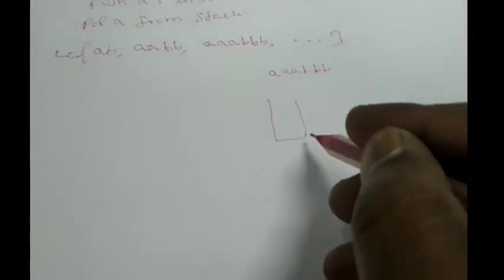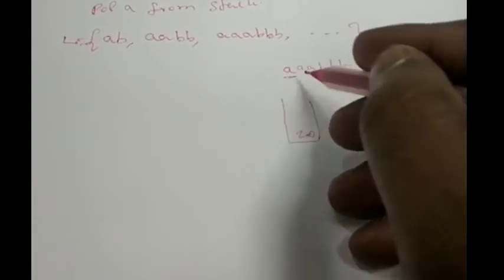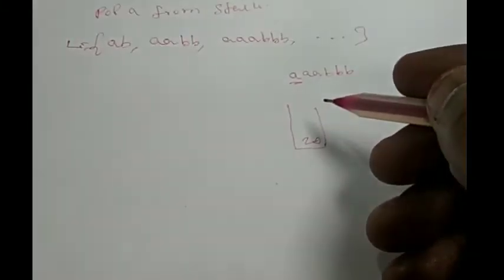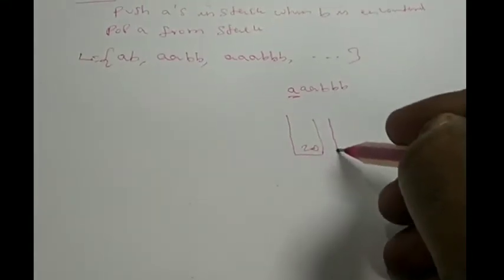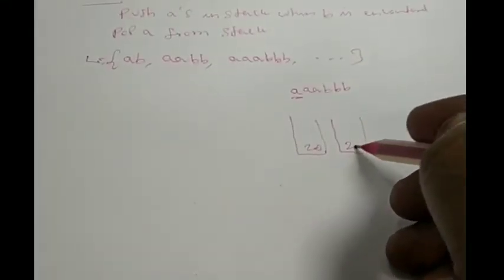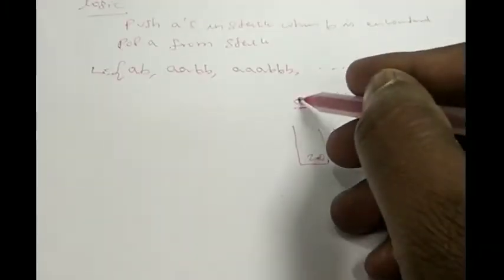The topmost symbol of the stack is Z0. Now the first input a is coming. When the topmost symbol of the stack is Z0 and a is coming, you have to push it inside the stack. So Z0 a.